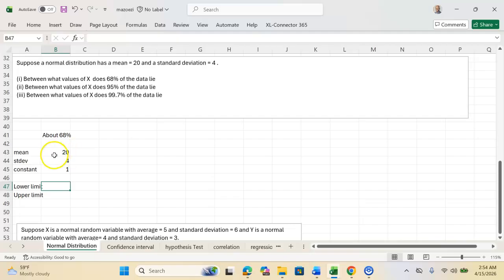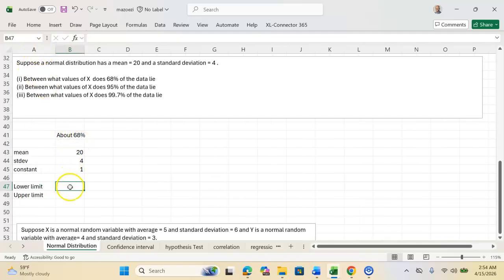So in this case, I'm going to put equal sign to find the lower limit, and I will click on 20 minus 4 times 1, or 1 times 4.